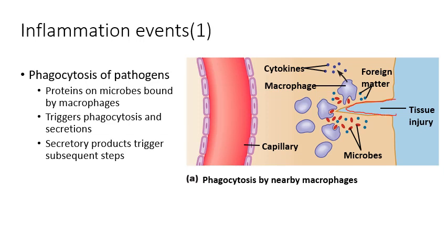That cut allows access to these, let's just call them bacteria in this case, allows bacteria to get in. What's going to happen is those phagocytes, those macrophages that are in the tissue around this area, will engulf that bacteria and break them down. That triggers phagocytosis and also secretes products to trigger subsequent steps.